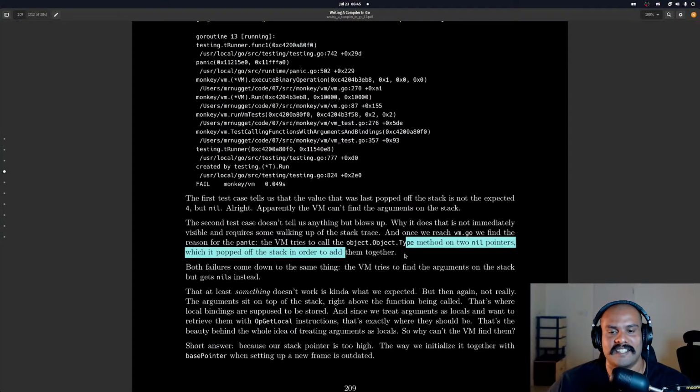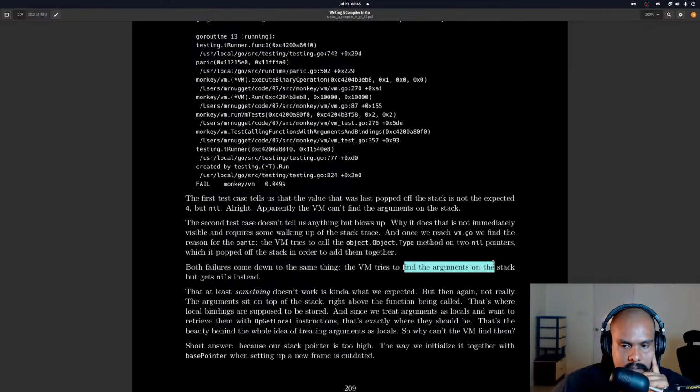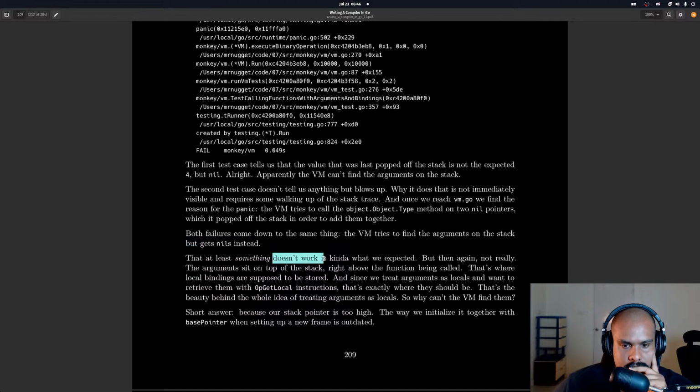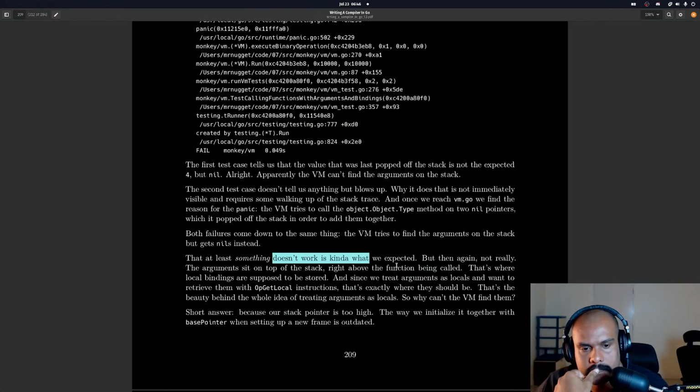No, that's not why. Tries to find the arguments on the stack, but it gets nils instead. That at least something doesn't work is kind of what we expected, but then again, not really.